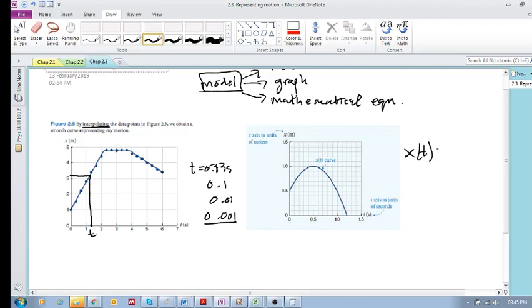It could be something that looks like this, say minus 3t squared, or something like 2 plus 4t. These are functions of time, so your position is a function of time. Okay? We'll do an example in the next video.